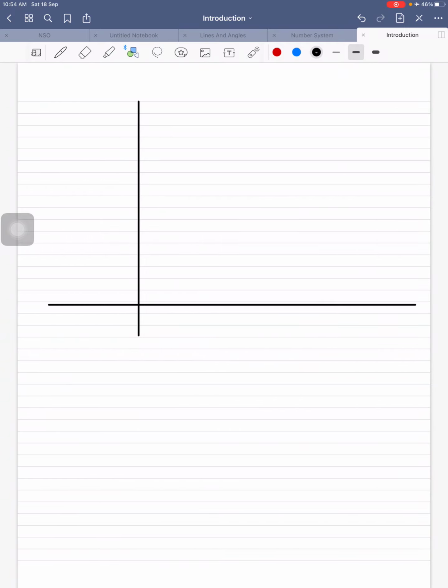See, the next question is, this is the x-axis, this is the y-axis. Suppose there are 2 points.